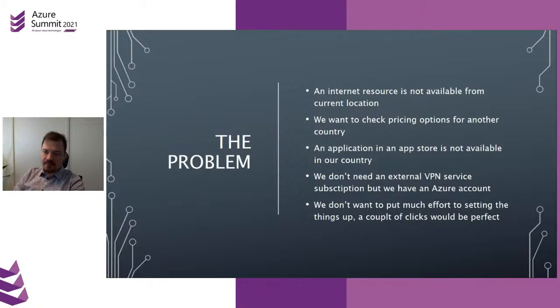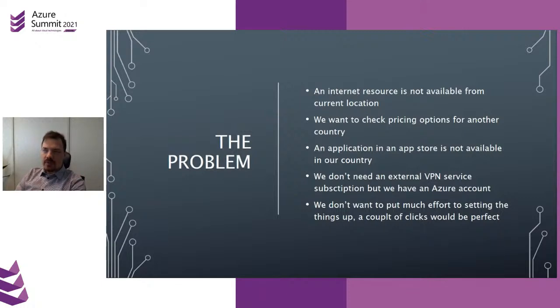Also, there's a huge probability that pricing options would be different from another location, especially for airline tickets, so it's a good idea to check the prices by mimicking that you are in another location. Also, some applications in the Apple Store, on Android or Windows might not be available in your country.